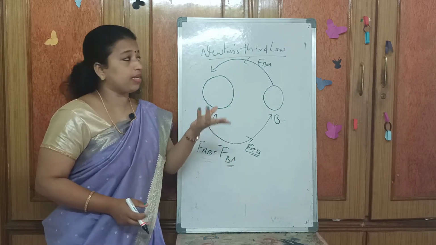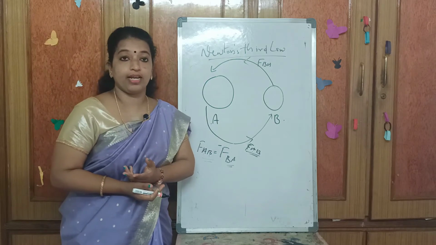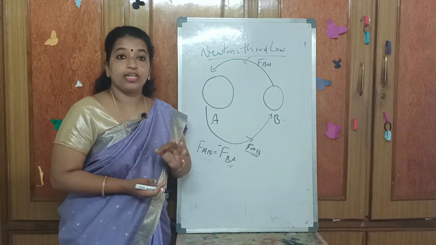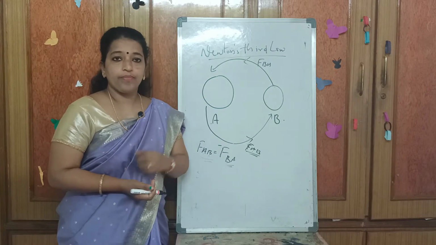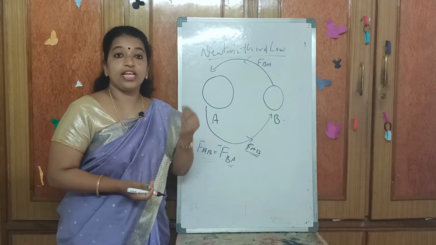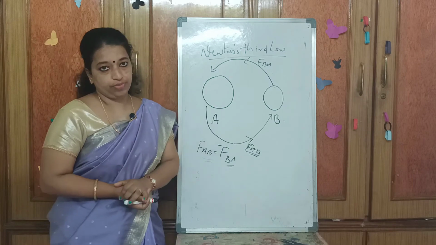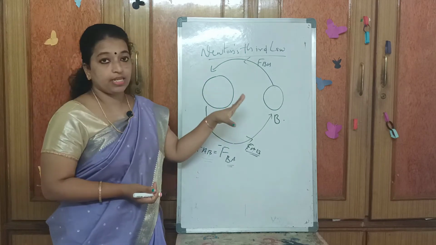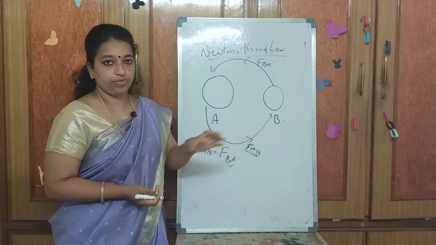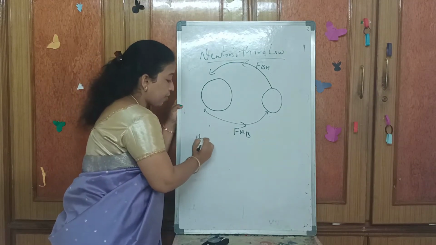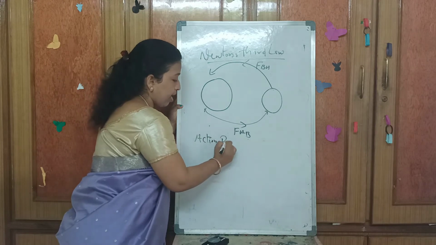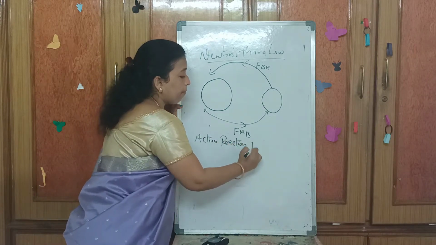And similarly, the third law of motion says that to every action there is an equal and opposite reaction. Maybe you have heard this sentence, right? So this is Newton's third law of motion explanation. These two opposite forces we call action-reaction pairs.